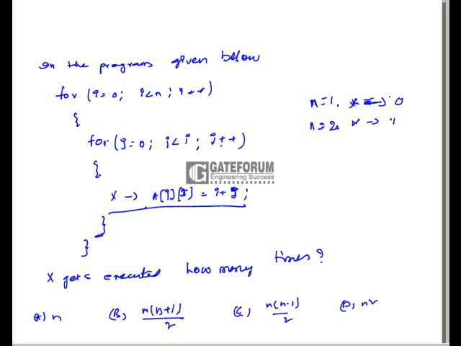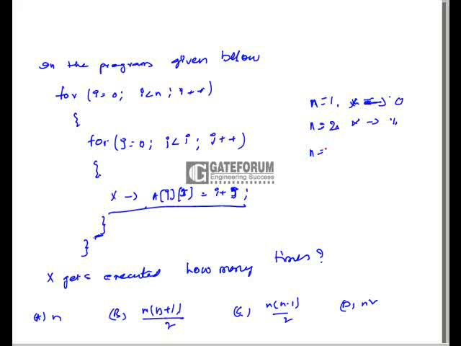When the j value is increased, this condition will fail. So control will come here, and again the i value will be increased. Now the i value will become 2, and as 2 is less than 2 is false, when n is equal to 2, x will be executed only once.